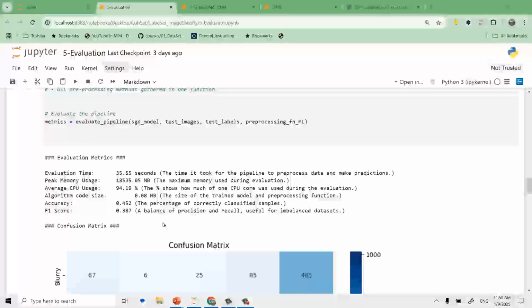All right, so these are the most important things: the evaluation time, accuracy, and F1 score. These other things are useful to look at for implementation. Your code size, most of the time the code size is going to be very small, so that's not an issue. The memory usage, well, that's going to depend on the device that you use, so that's a secondary importance.